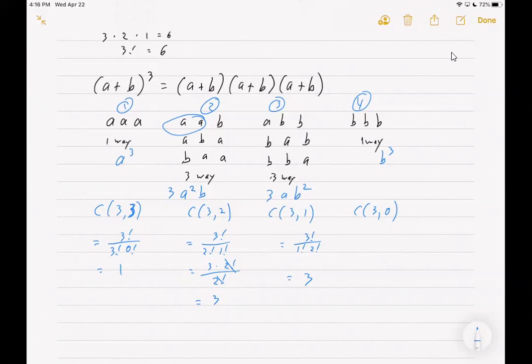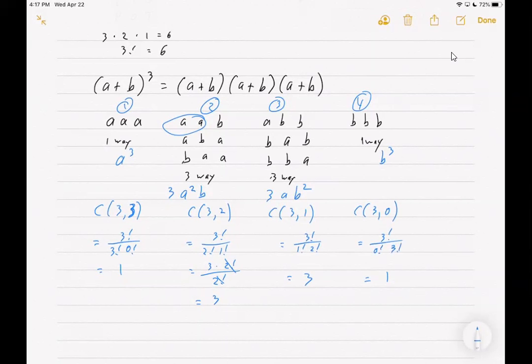So the math ends up being symmetric. And choosing 0 A's is the same as choosing all B's. So we end up with 3 factorial over 0 factorial times 3 factorial, which is exactly identical to the first set of options. So we could have expressed the coefficients in terms of combinations.